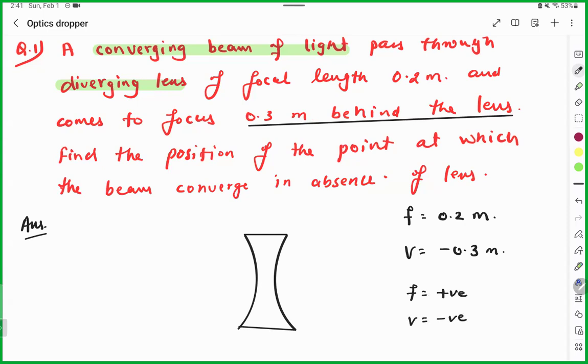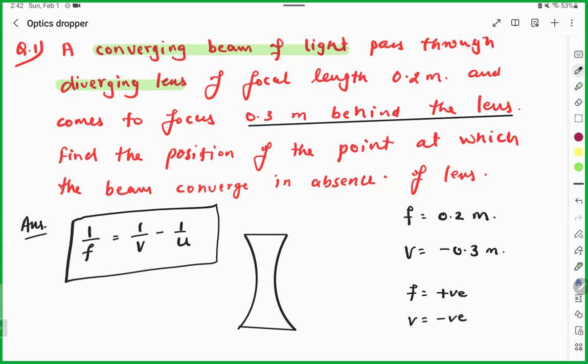You have to find the point at which the beam converges in absence of the lens. Through this, the first thing you need to calculate is your U value. And you know 1 by F is equal to 1 by V minus 1 by U. You have V, you have F, you can calculate the U value.